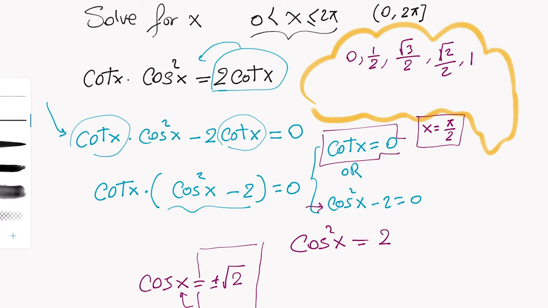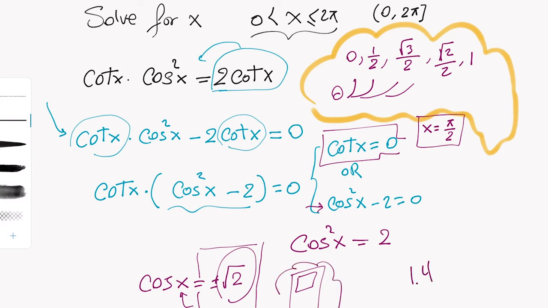So we know all the theta for those types of angles. We don't have radical 2. So we're going to use a calculator. But before you use the calculator, radical 2 is approximately 1.4, which is more than 1. So there is no value for x you can find that cosine of that be radical 2.